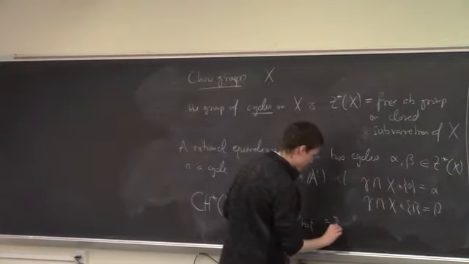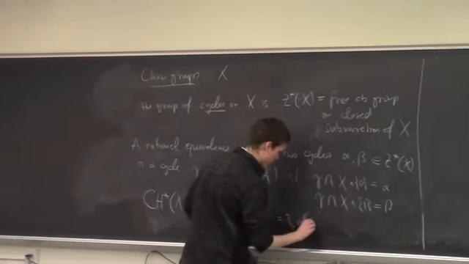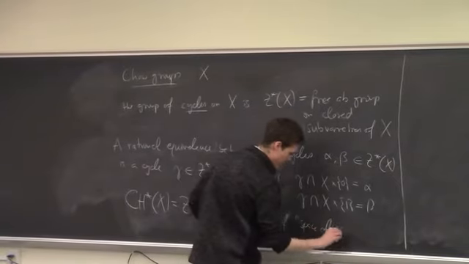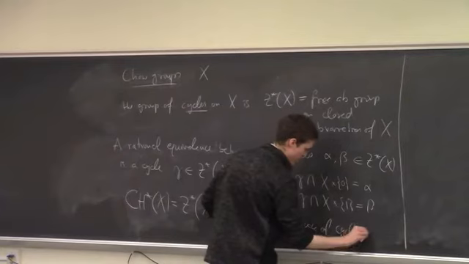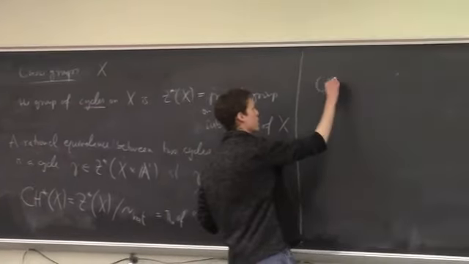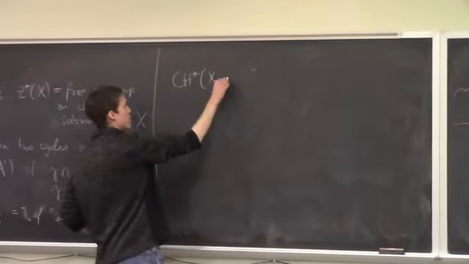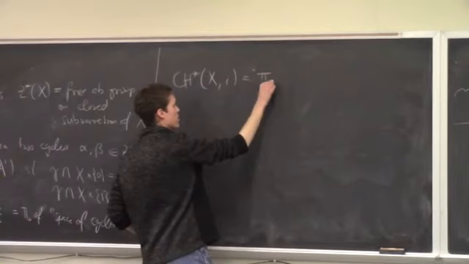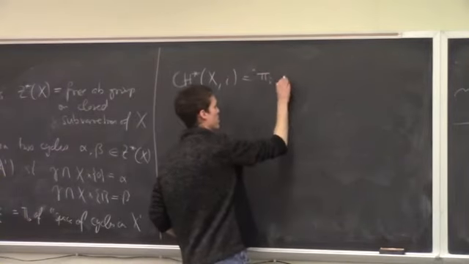So the idea is that this is pi 0 of the space of cycles on X, and then the higher Chow groups of X, I, in Bloch's notation, is the ith homotopy group of that space.